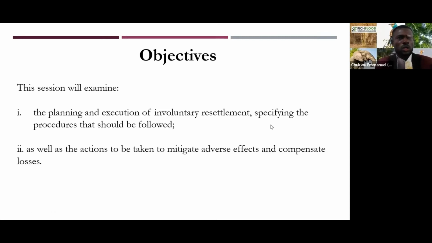Every action that is supposed to be taken to ensure that adverse effects are mitigated and losses are compensated accordingly needs to be captured in the Resettlement Action Plan.